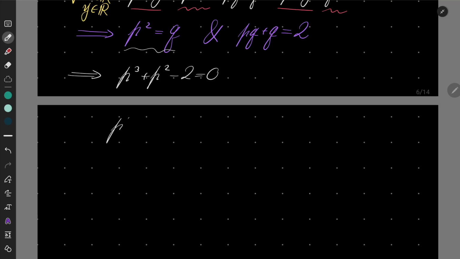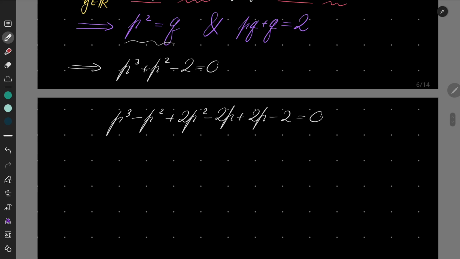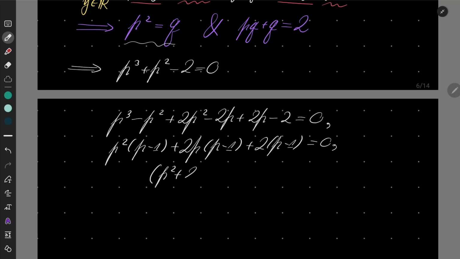So we can do the following factorization: p³ − p² + p² − p + 2p² − 2p + 2p − 2 equals 0. p²(p − 1) + 2p(p − 1) + 2(p − 1) equals 0. (p² + 2p + 2)(p − 1) equals 0.